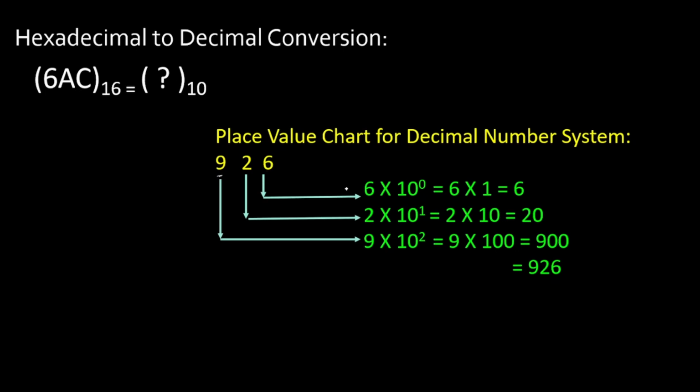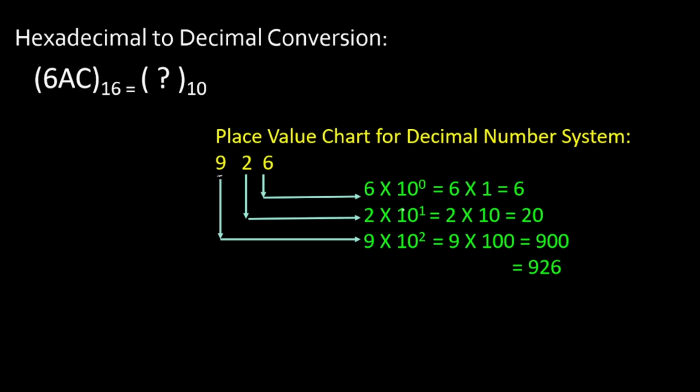Now this 6 can be written as 6 multiplied by 10 raised to power 0, which is equal to 6 multiplied by 1, equal to 6, and 2 can be written as 2 multiplied by 10 raised to power 1, which is 2 multiplied by 10, equal to 20. 9 is 9 multiplied by 10 raised to power 2, which is 9 multiplied by 100, equal to 900. When we add these numbers, we get 926. In this way a decimal number can be expanded.